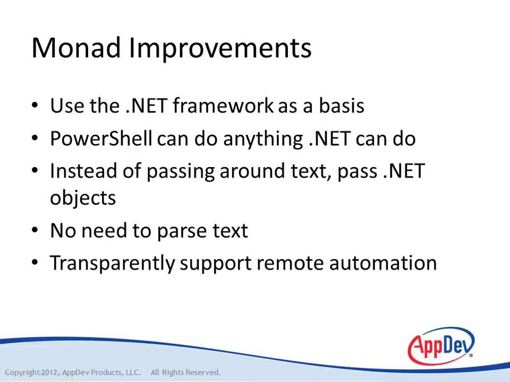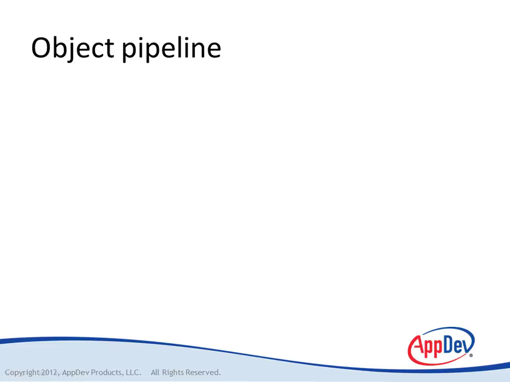Now, of all of these things that I just talked about, if you're a .NET developer, the thing that you probably are going to have the hardest time understanding initially is the object pipeline. Now, the object pipeline conceptually is really easy to understand.